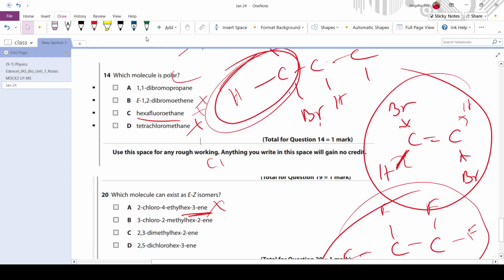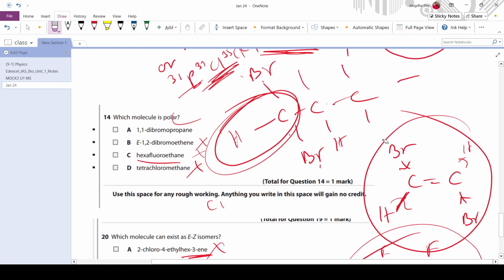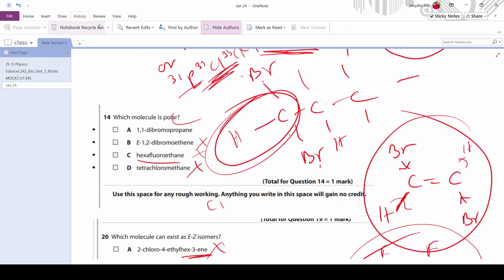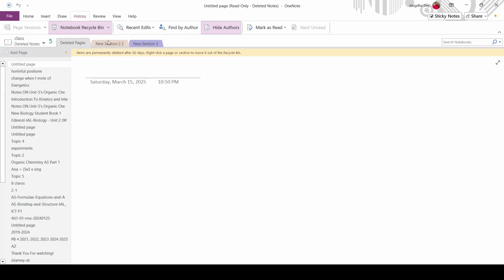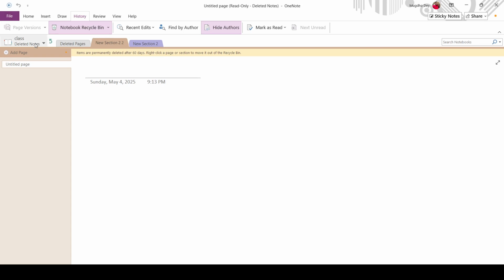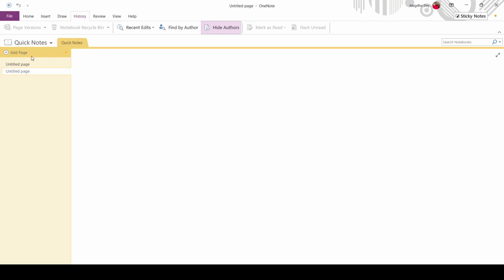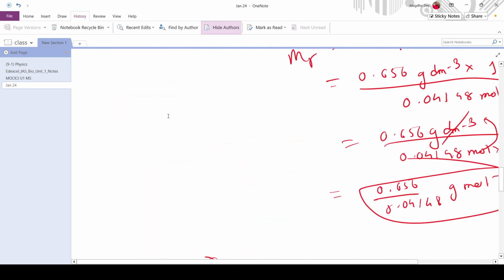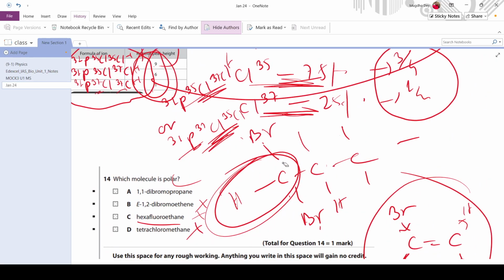Okay, let me tell you from the first. In this type of questions, how will you determine the asymmetricity, isn't it? That's what you guys are trying to say. Look, if bromine is connected to the same atom, then it will create an asymmetrical structure.